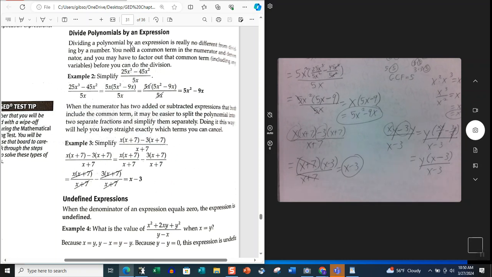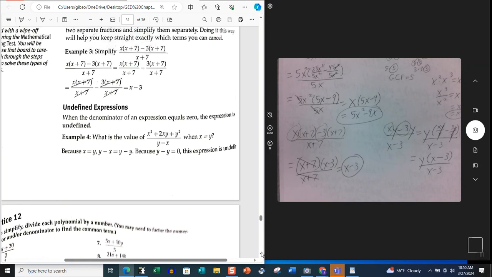Okay, now, it says here, undefined expressions. When the denominator of an expression equals 0, the expression is undefined. What is the value of this here when x is equal to y? Now listen. Let me just simplify this very simply.